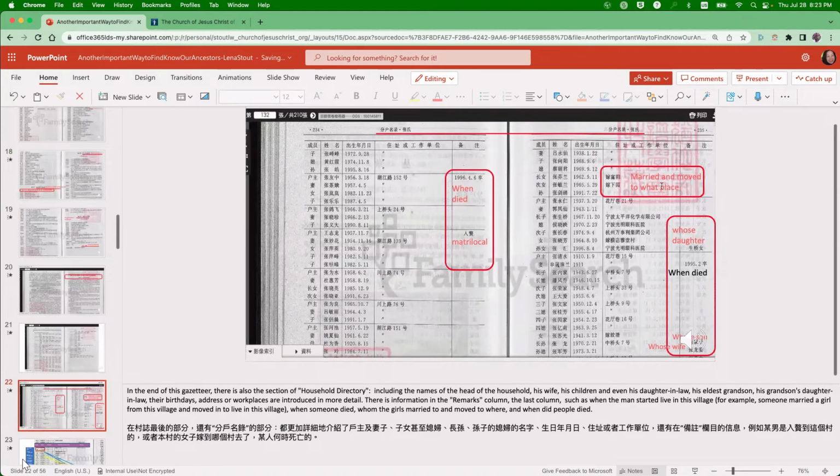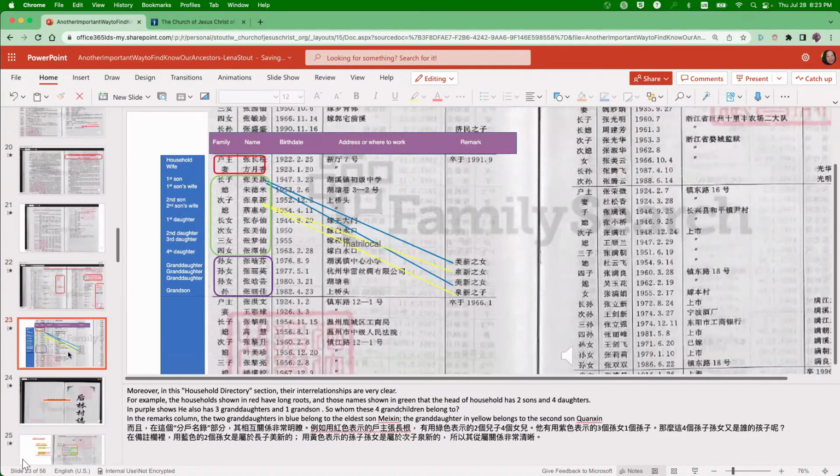So there's very cool information here that you cannot see in a Jiapu, especially since a Jiapu is mostly from the big branch and then includes the smaller branches. They mostly include just the name, birthday, death day, wife, and the children's names. That's probably it. But here you can see how rich and detailed the information is.